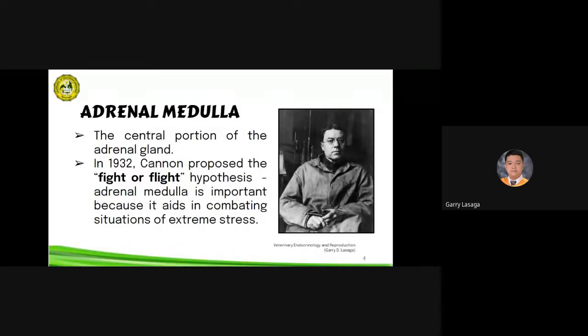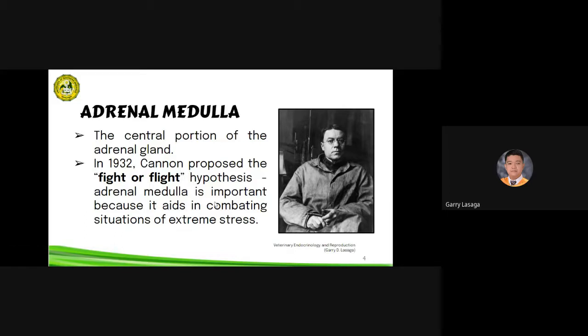How do we define a fight or flight response? So when we say a fight or flight response, that is defined as an automatic physiological reaction to an event that is perceived as stressful or frightening.